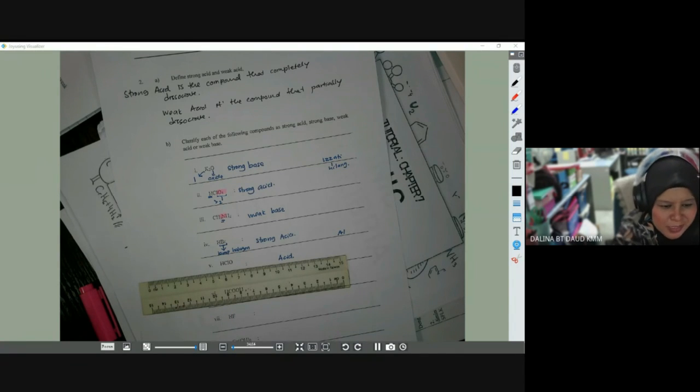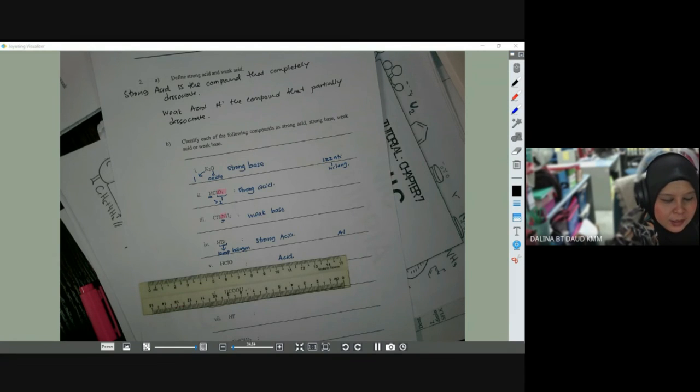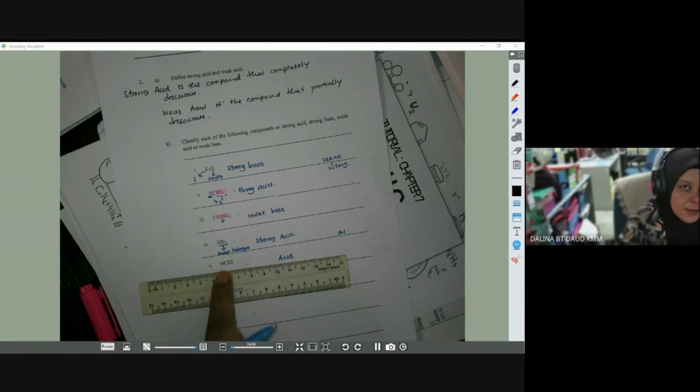Miss, weak acid. Tak, soalan saya mudah je. Macam mana awak tahu dia acid? Tahu dia acid dulu. Acid atau base tu. Macam mana awak differentiate? Macam mana kita tahu benda ni acid bukan base?